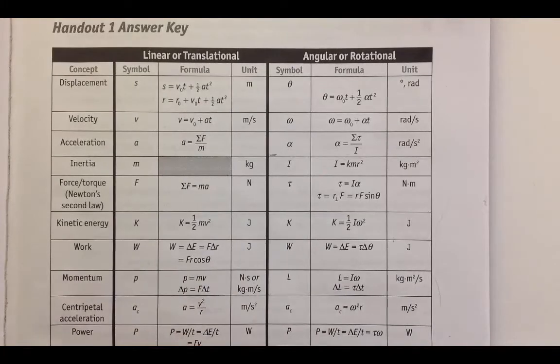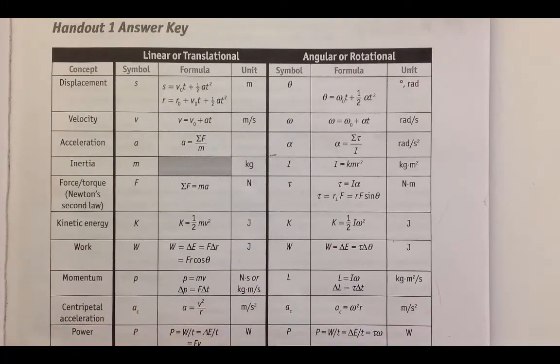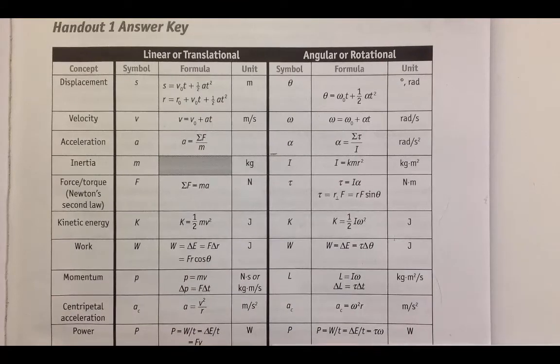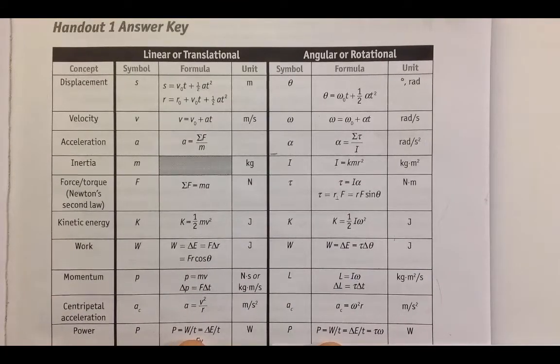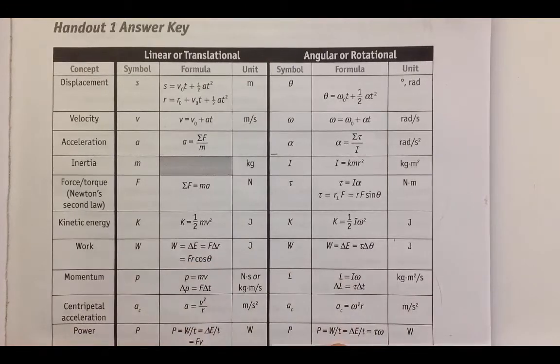We're going to jump down to power. We'll talk about angular momentum in another video. The same idea is always true for power. Power is the rate at which you do work, so work divided by time. There are a couple of different ways to do that. You can calculate the work using this equation and then divide it by time.